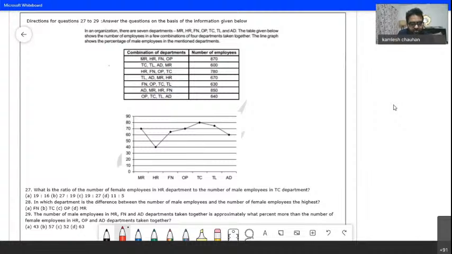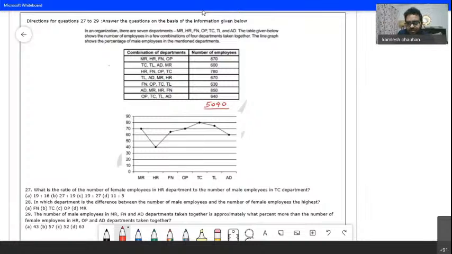AD also has to be 4 times. So all the departments are there 4 times. So if you add all the numbers, how much is it? 87, 147, 147, and 5040. Everyone, the sum is 5040.